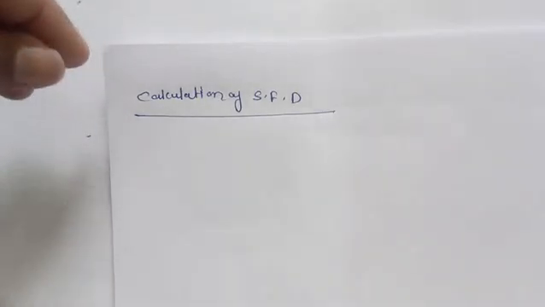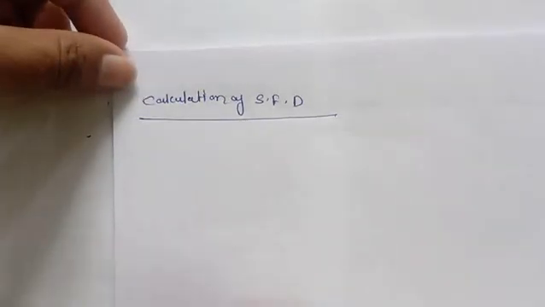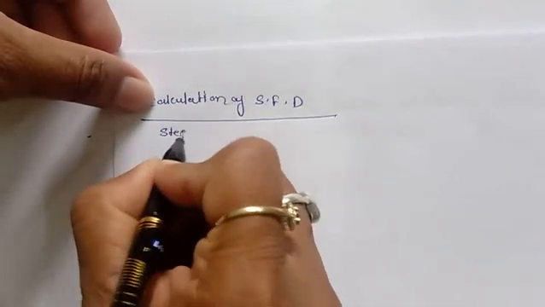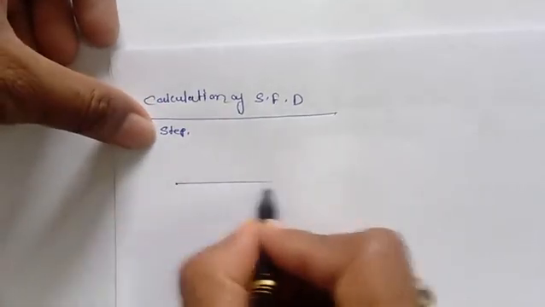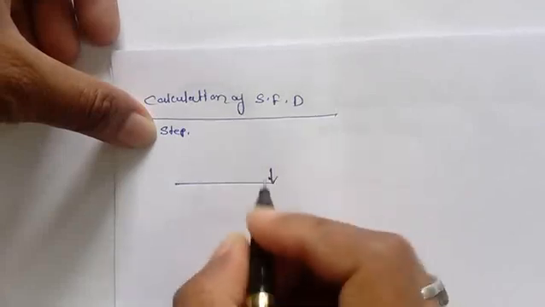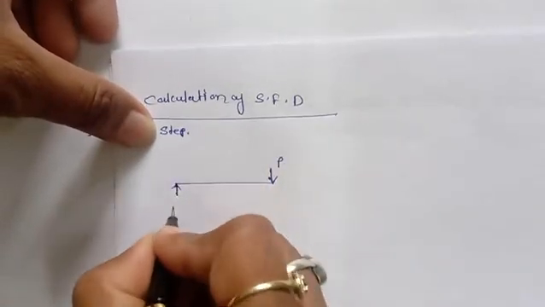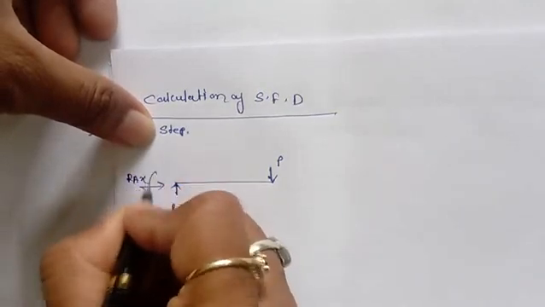Then we should calculate the shear force diagram. For the calculation of the shear force diagram, there are some steps that we have to follow. So this is P, and this is the RA or AX and MA.